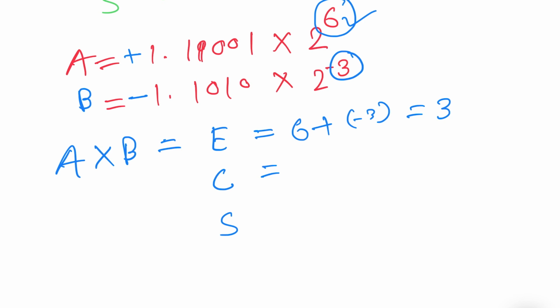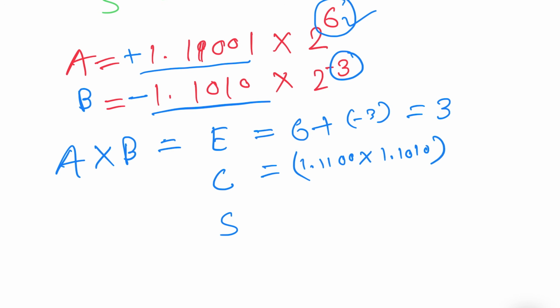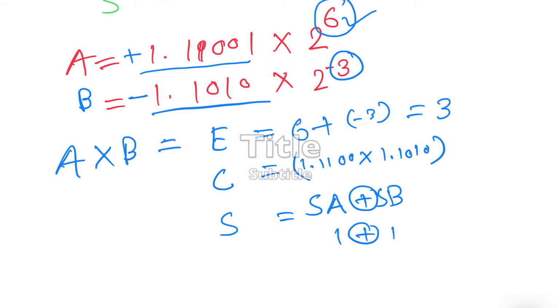The coefficient will be the multiplication of these two terms, 1.11001 times 1.1010, and the sign is the XOR of the sign of A and the sign of B, 1 XOR 1 is equal to positive.